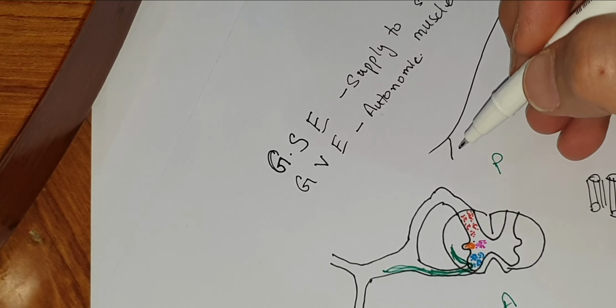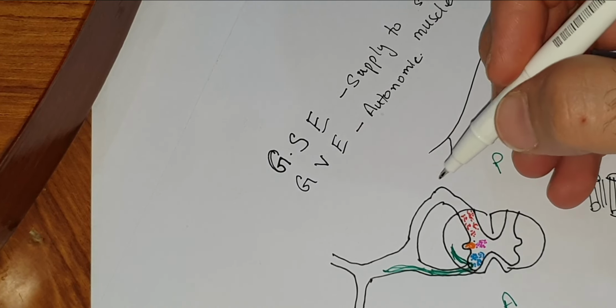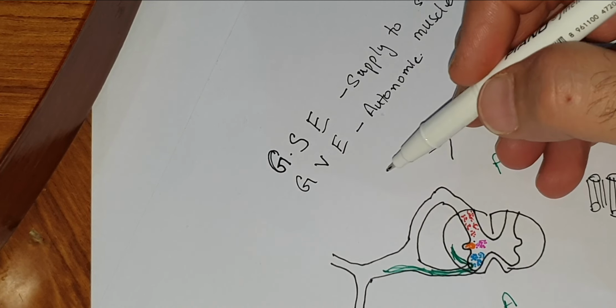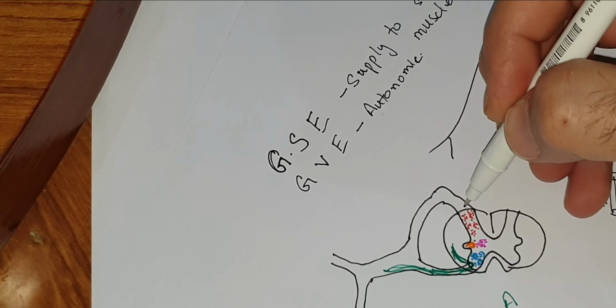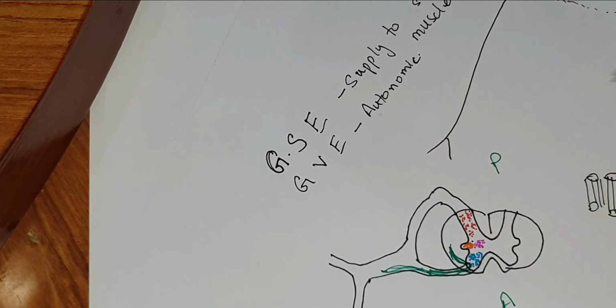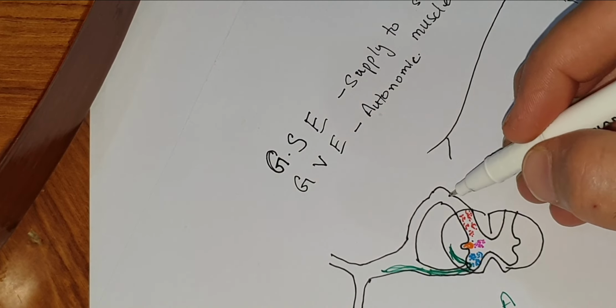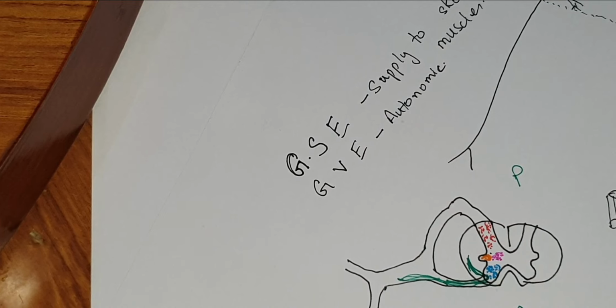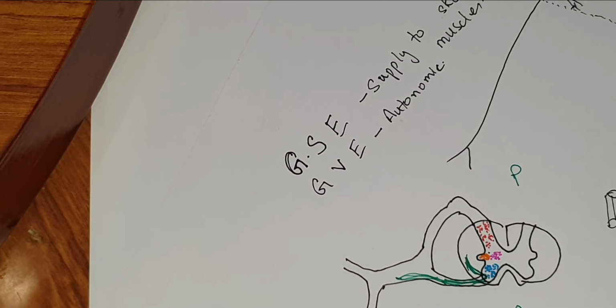Now the sensations which are received by the spinal cord are of two types. Before starting the afferent components, I need to tell you how the posterior root of the spinal cord is formed. Within the posterior root of the spinal cord, there is a ganglion which is called the posterior root ganglion. This structure is the posterior root ganglion, and it has pseudo unipolar cells.